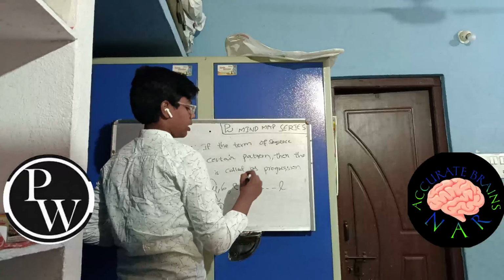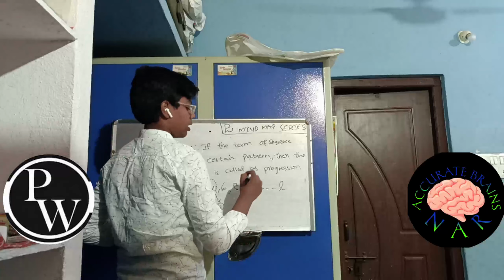If each term is added, 2 plus 4 plus 6 plus 8 plus 10 and so on, this is a series. If we put the plus sign in between, instead of commas, that will be a series.